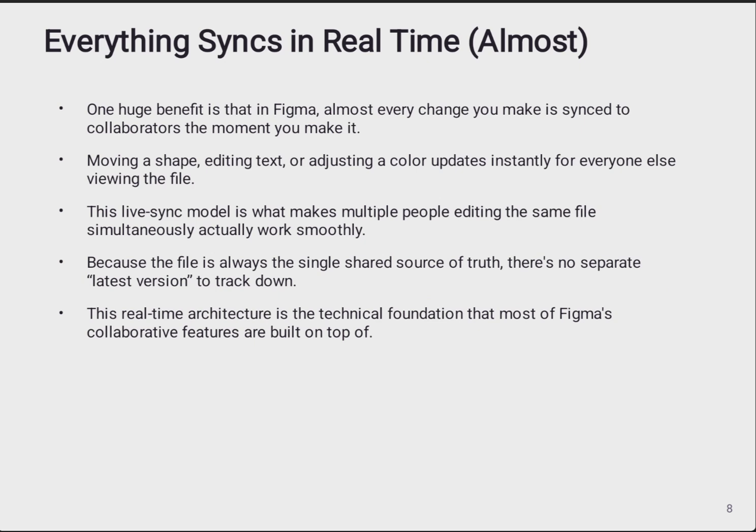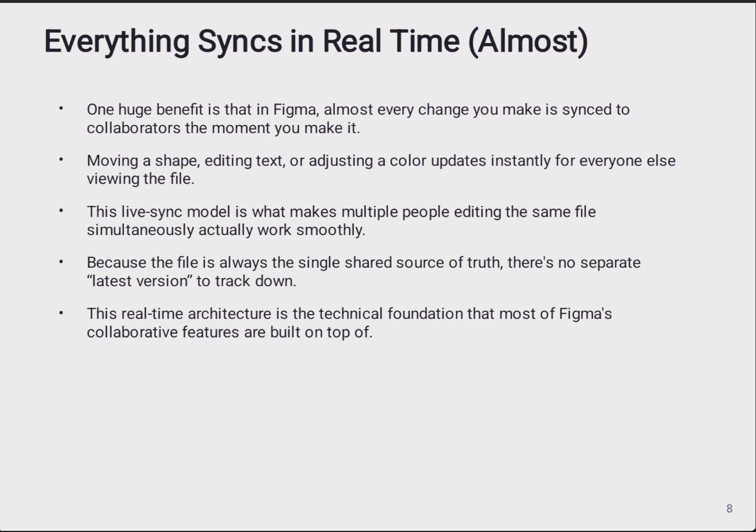Everything syncs in real time, almost. One huge benefit is that in Figma, almost every change you make is synced to collaborators the moment you make it. Moving a shape, editing text, or adjusting a color updates instantly for everyone else viewing the file.